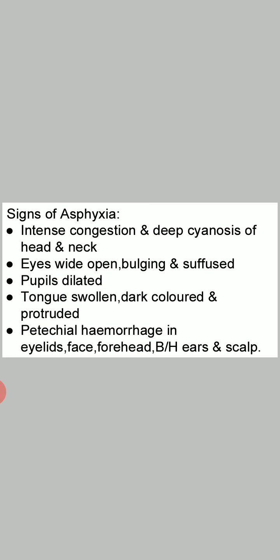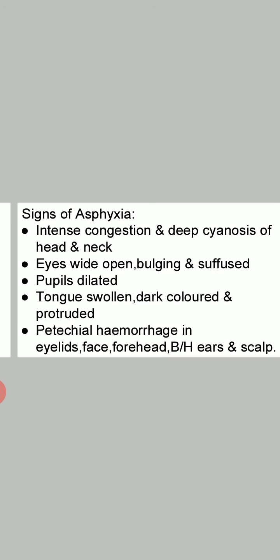Then you will find the general signs of asphyxia. These include intense congestion and deep cyanosis of head and neck. Eyes are wide open, bulging and suffused. Pupils are dilated. Tongue is swollen, dark colored and protruded. Petechial hemorrhage in eyelids, face, forehead, behind ears and scalp.